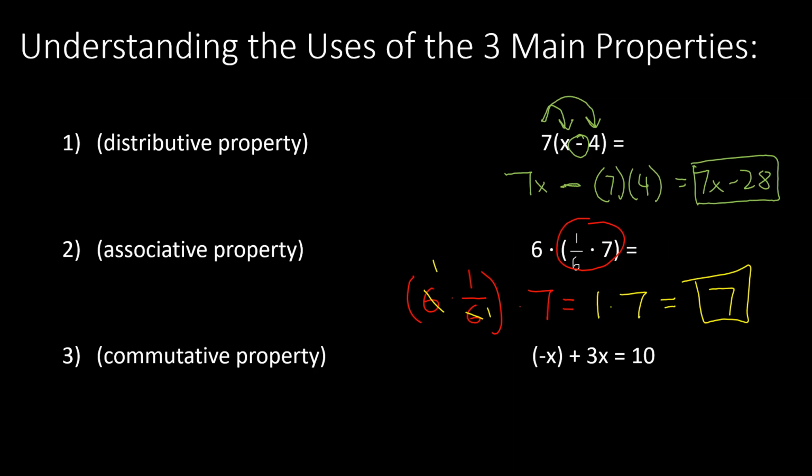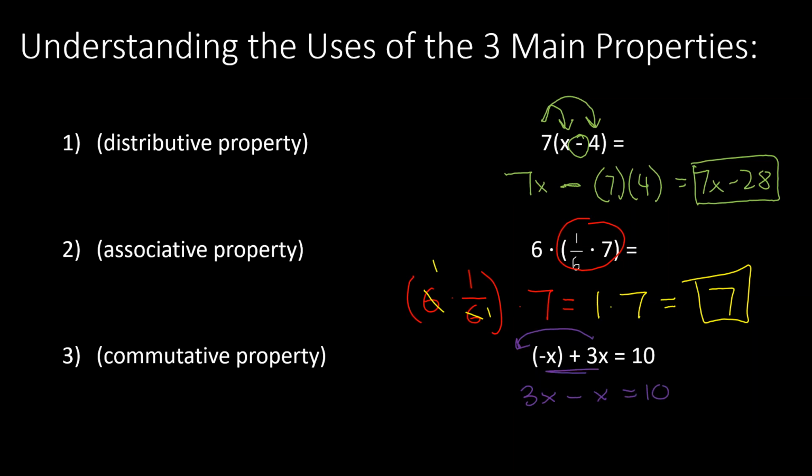Now finally, we have the commutative property, and that is you can rearrange the numbers and it will always equal the same answer. Here we have negative x plus 3x. That sounds really confusing, so we can rearrange it and do 3x minus x equals 10.